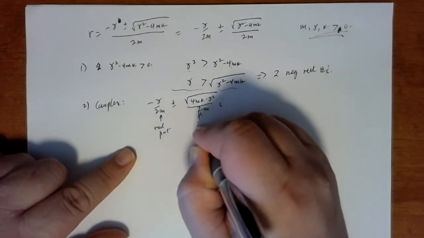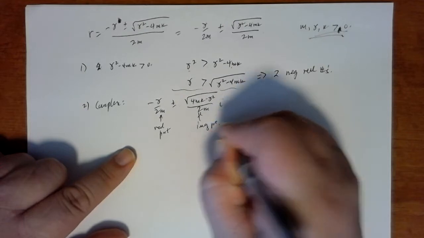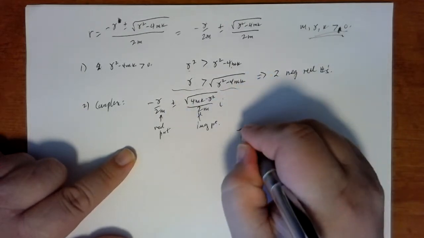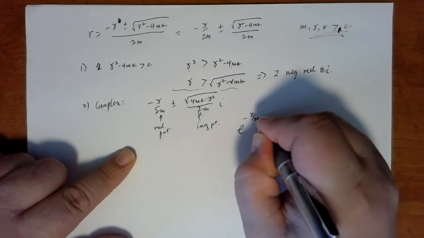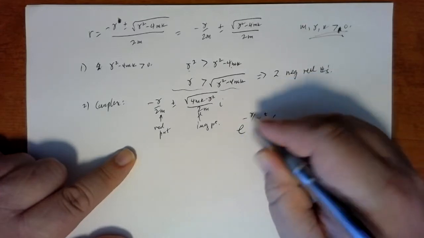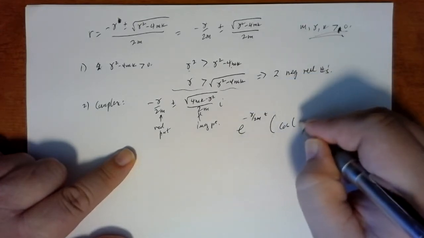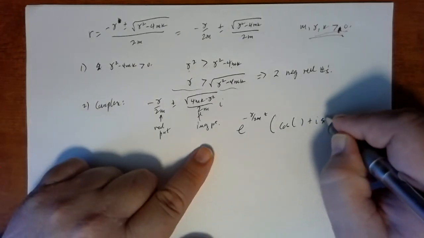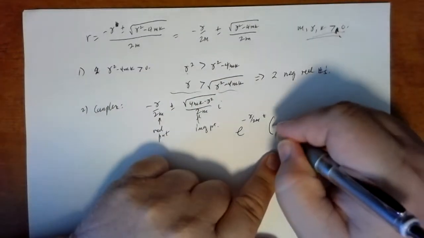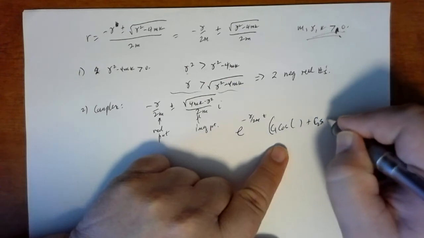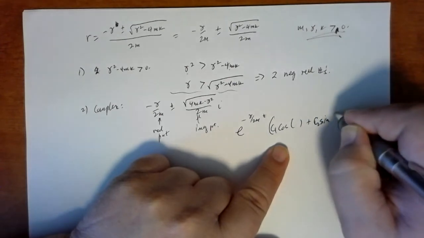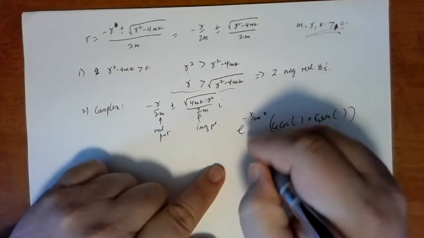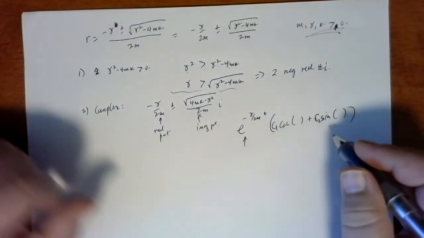This is the imaginary part. And so you're always going to have that e to the minus gamma over 2m t times your cosine plus i sine, well, we'll just say C1 cosine and C2 sine. I don't care about what's inside these parentheses because I'm really just focusing on this exponential function.